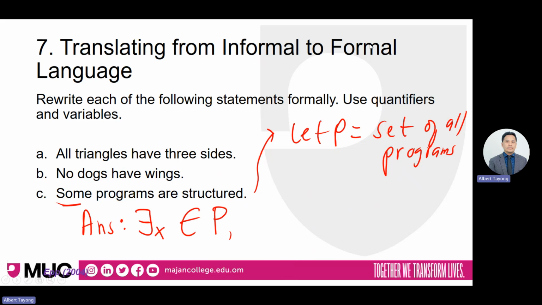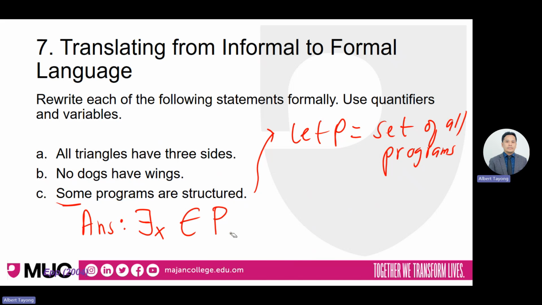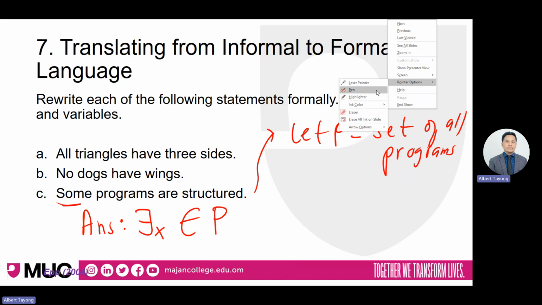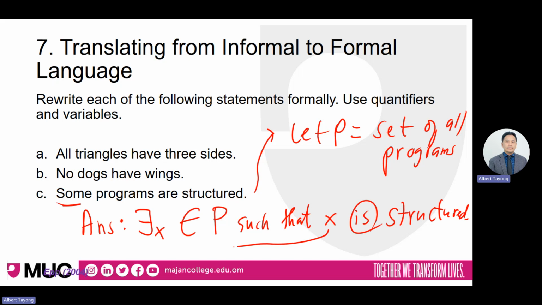Okay, you can use "such that" because we are not mentioning what the program does. So we use such that. We just say some programs are structured, so such that x is structured. Instead of "are", we use the singular "is" because of x.